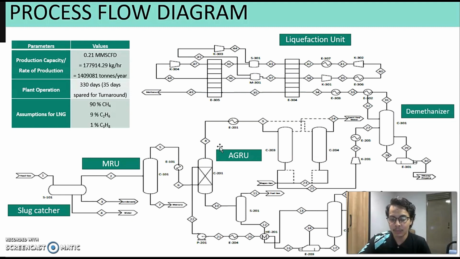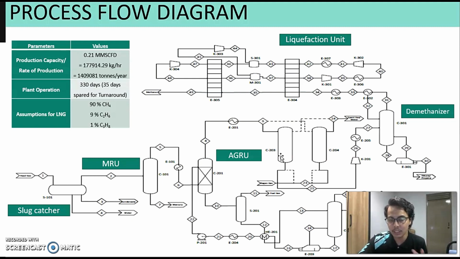After absorption, it will result in sweet gas, and the sweet gas will proceed to dehydration in order to remove the water inside the natural gas. Here we have two adsorption columns using molecular sieve, where one column will be on standby and one will be running.